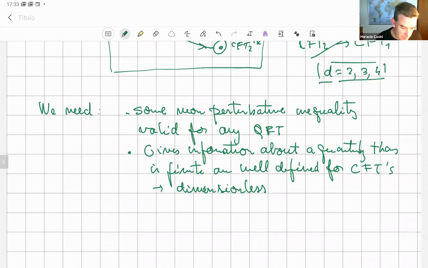You don't want the quantity to have dimension, because otherwise, as you change the size, as you increase the size, you zoom in, for example, the quantity will change, and you don't want to do that. You want to classify the theory, to give a number for the CFT.